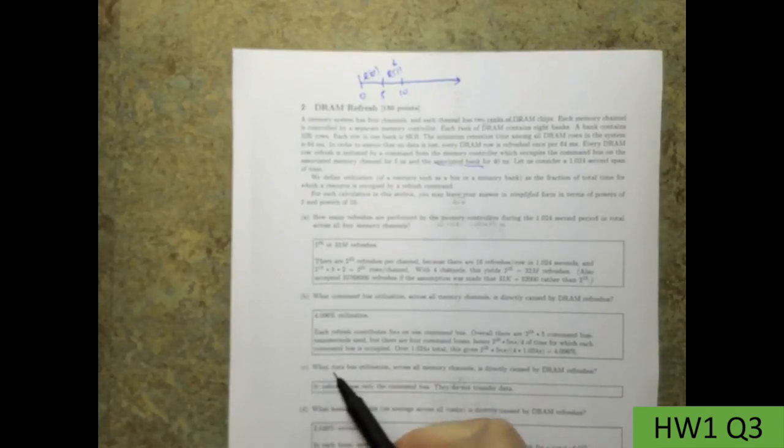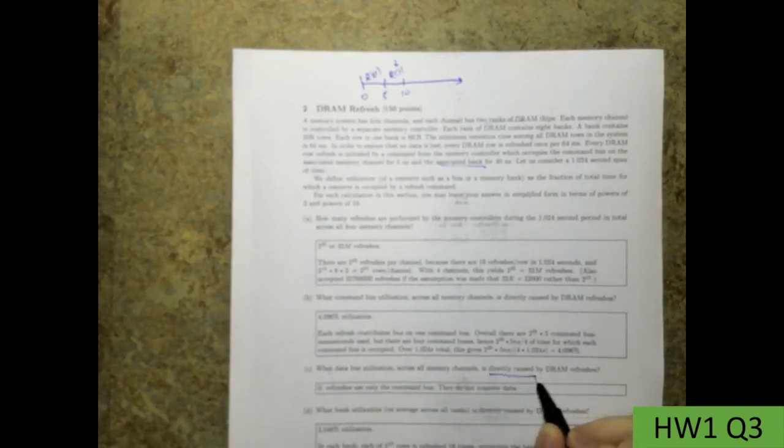So this is a little tricky, actually. But I believe it is clearly defined here, because in part C it asks what data bus utilization across all memory channels is directly caused by DRAM refreshes. What you say is kind of an indirect result, because DRAM is being refreshed and you cannot access this bank, so you cannot read anything out of it and cannot utilize the data bus.